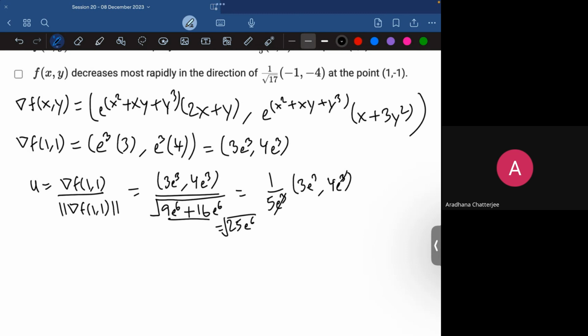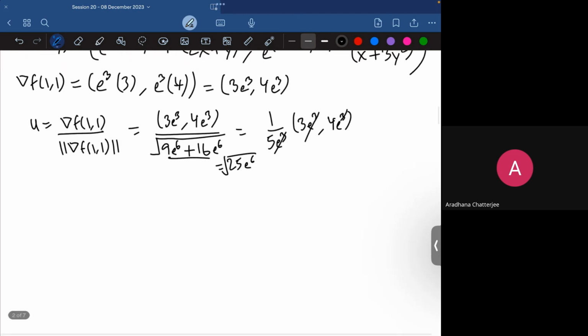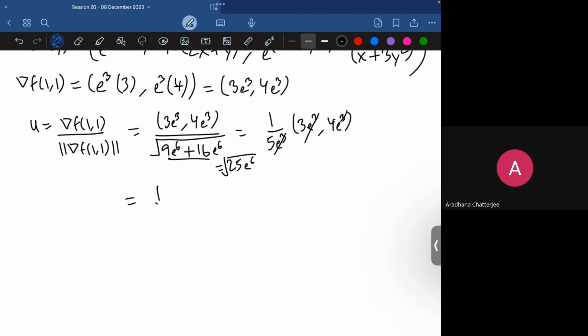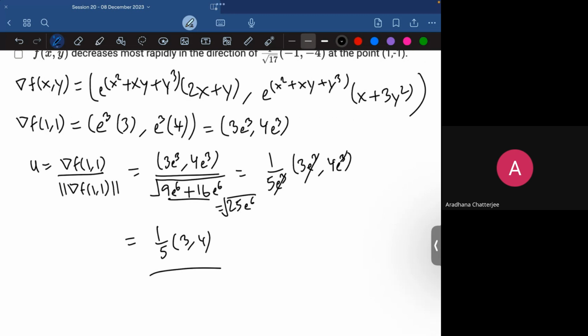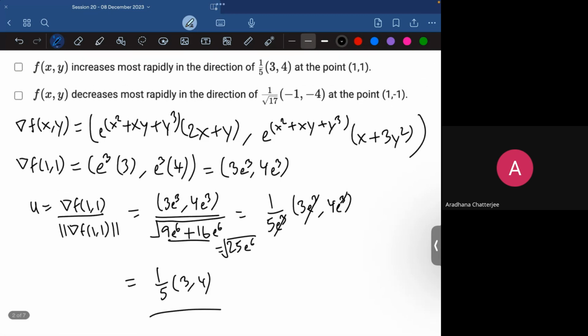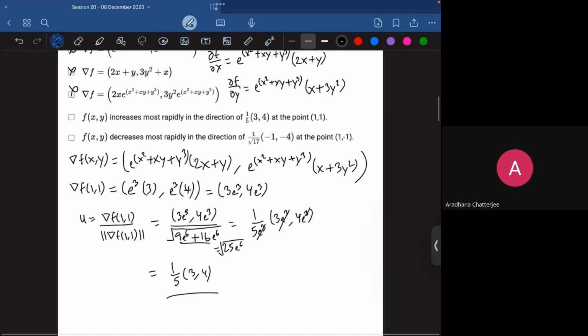We can pull it out of the vector. So this is just 1 by 5 times (3, 4). So this is the direction. This u is a vector. In the direction of this vector, the given function f increases most rapidly at the point.